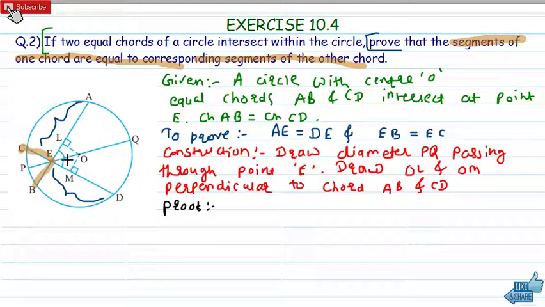If it is possible to show that this distance LE is equal to ME, then we can say that AL and MD are equal, because these are the halves of this particular chord, because a perpendicular drawn from the center bisects the chord, so it means AL is equal to MD.